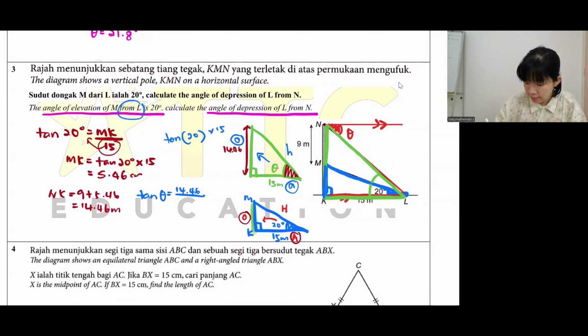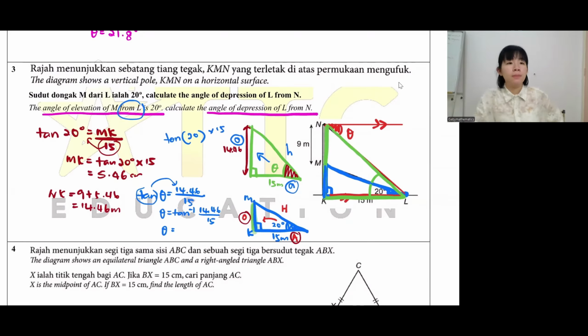A is 15. To find the angle, you bring this tangent over, it becomes inverse, terbalik. So you actually put tangent negative 1 of 14.46 over 15.